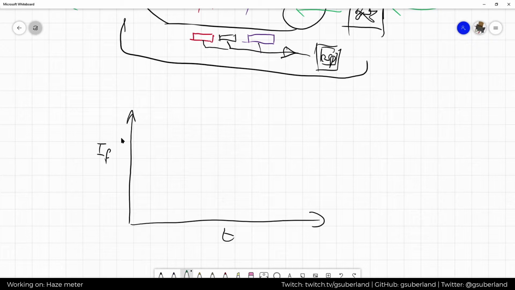You can do it either direction, but basically for each of the LEDs, you pulse the forward current on the LED in steps.